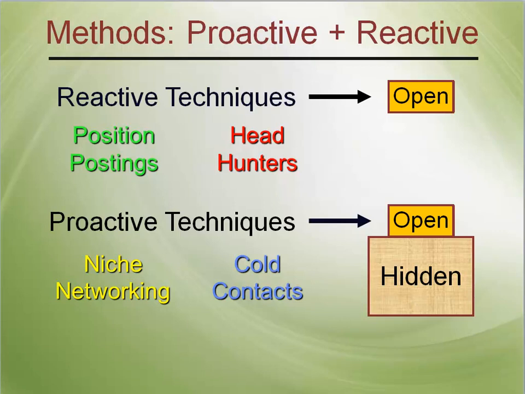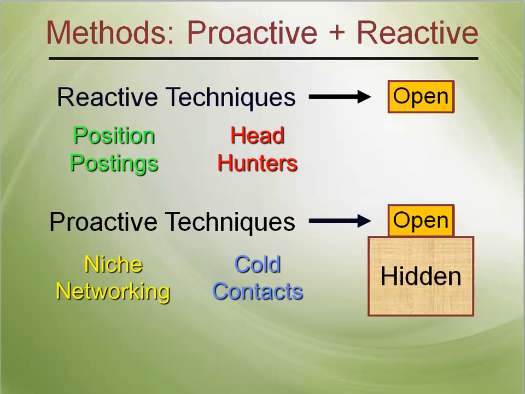Both methods attack the open job market, where the goal is to uncover open jobs, open positions, and respond to them, to find where there is a vacancy you can fill. Reactive techniques include position postings.